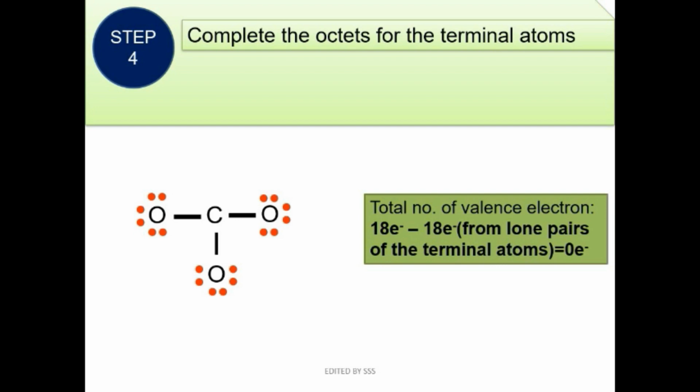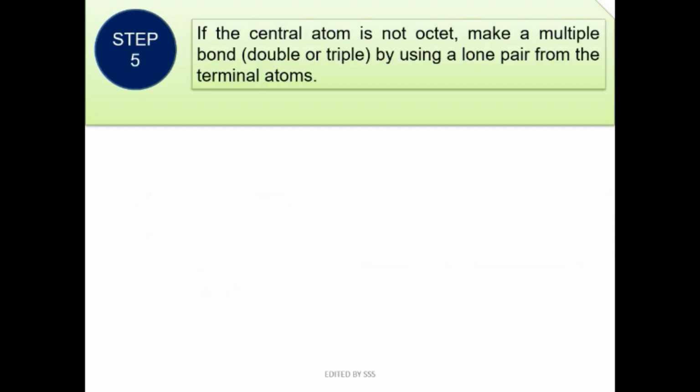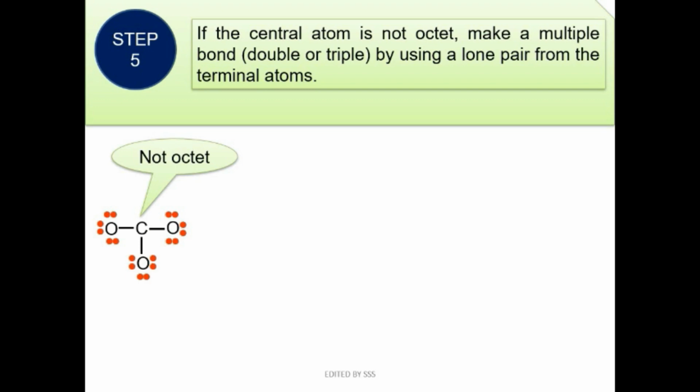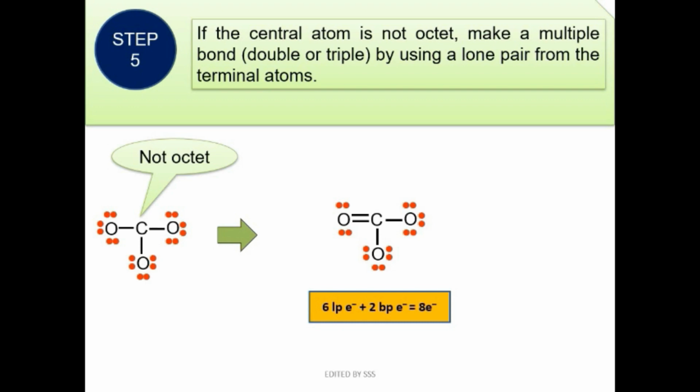No, carbon atom only has 6 electrons. If the central atom is not octet, make a multiple bond, double or triple, by using a lone pair from the terminal atoms. And now carbon atom is complete.